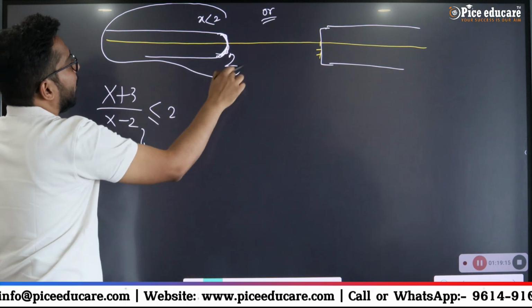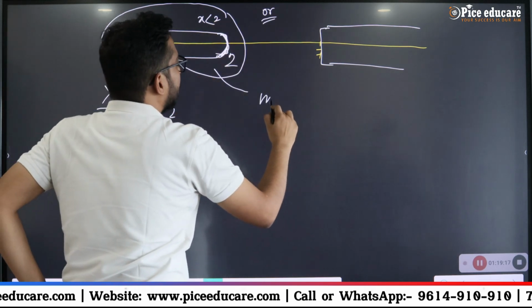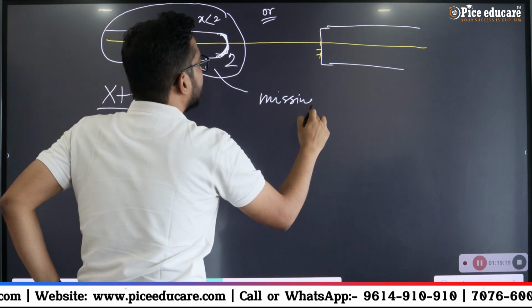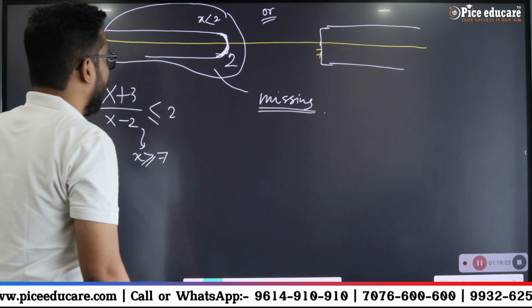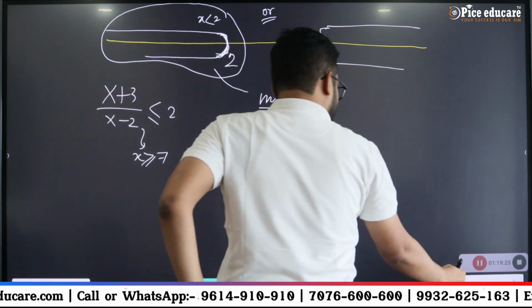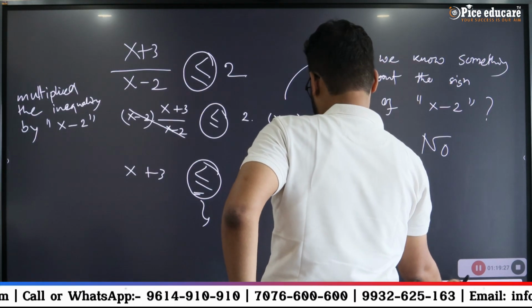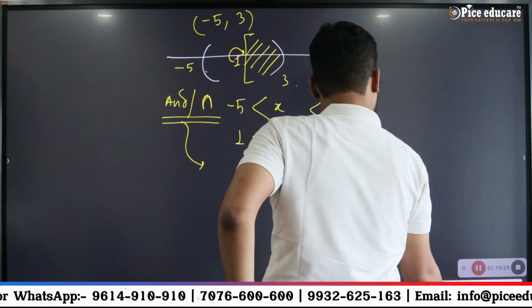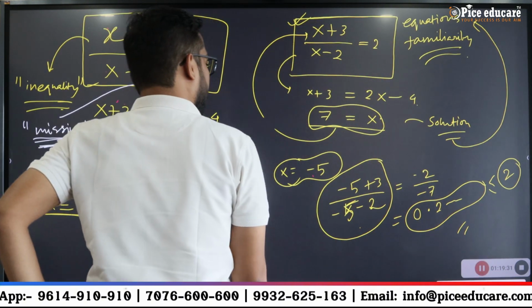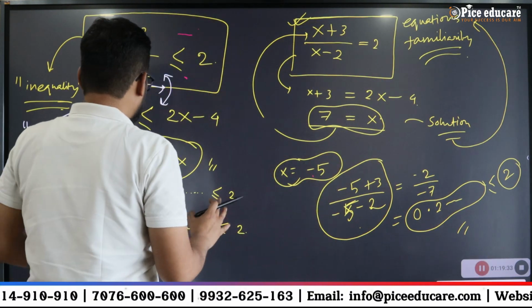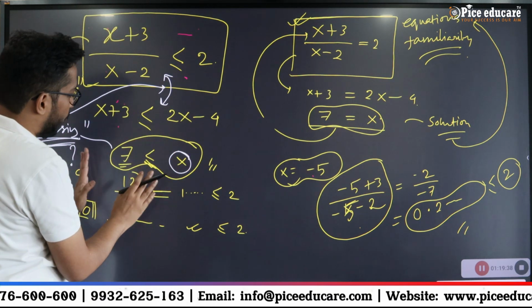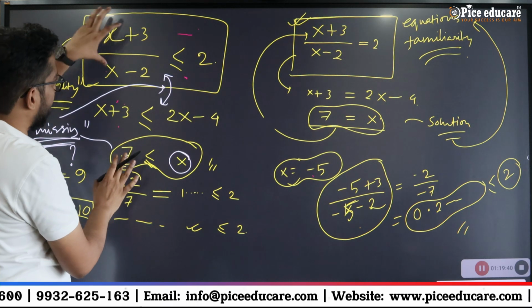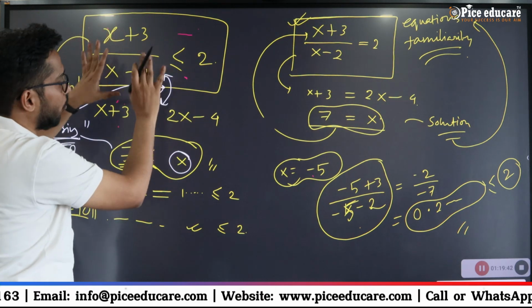This is the thing that was missing. That's why, when I told you that if I am saying x is bigger than 7, that is the absolute prerequisite for this expression to be less than or equal to 2.